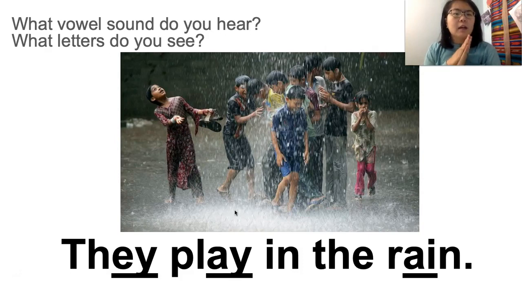Moving on, last example, they play in the rain. They play in the rain. So you can probably guess what long vowel sound we hear. They, A, play, A, in the rain, A. They play in the rain.